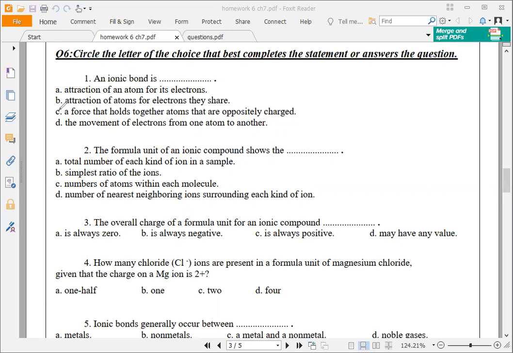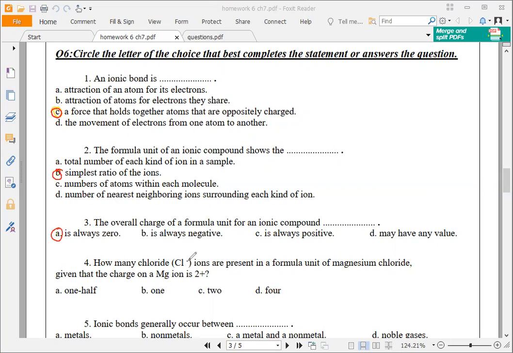Question 2: the formula unit of an ionic compound shows that it is B, simplest ratio of the ions. Question 3: the overall charge of a formula unit for an ionic compound is A, always 0.